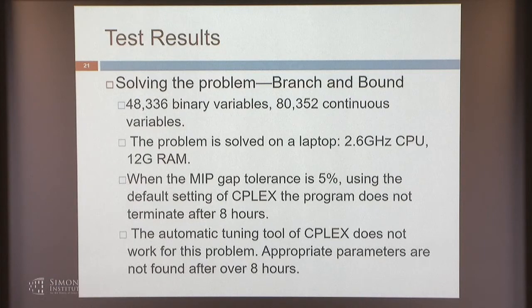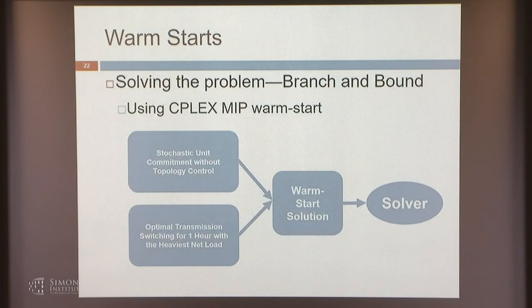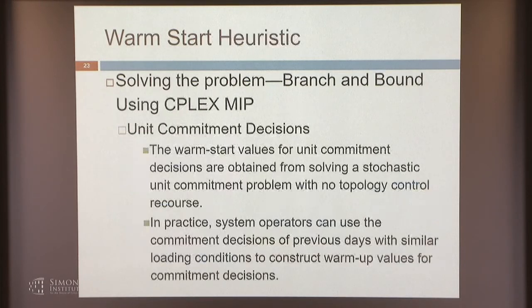So what we had to do is we developed a warm start heuristic, which essentially gets the solution started. The warm start is basically done by using a regular stochastic unit commitment without topology control, and then using the topology control for the most loaded hour, and then mixing them and using that as a starting point for all the other hours, and that reduced our computation to less than an hour for this problem.